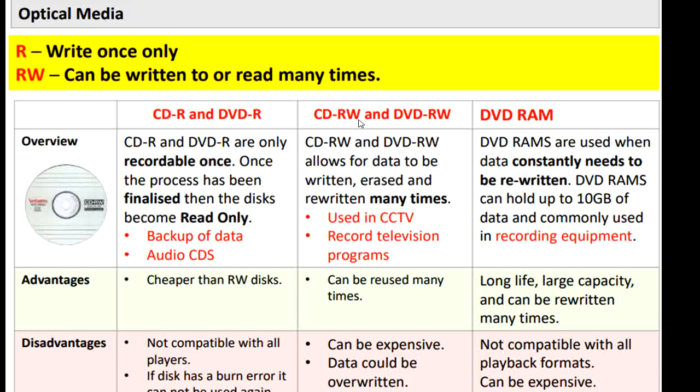Okay, you can copy and delete. What do I mean by read and write? That you can copy to them and delete. Okay, R only, just copying once. You cannot copy more files to them or delete what you copied to them.